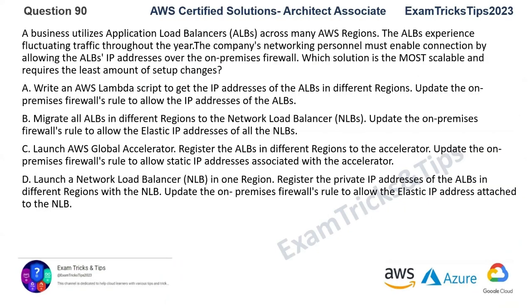Question number 90. A business utilizes application load balancers across many AWS regions. The LB experiences fluctuating traffic through the year. The company's networking personnel must enable connections by allowing the LB's IP addresses over the on-premises firewall. Which solution is the most scalable and requires least amount of setup changes?